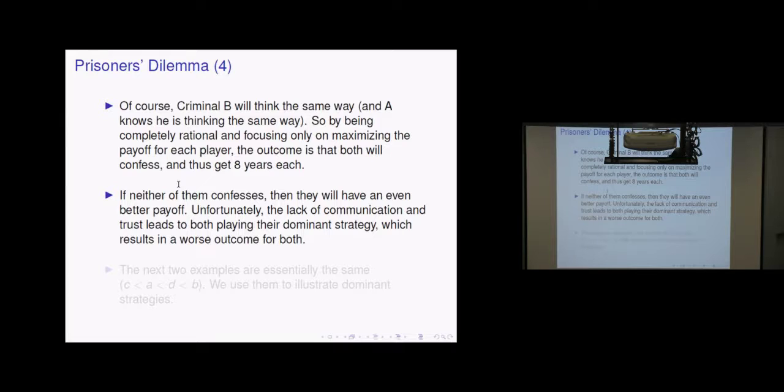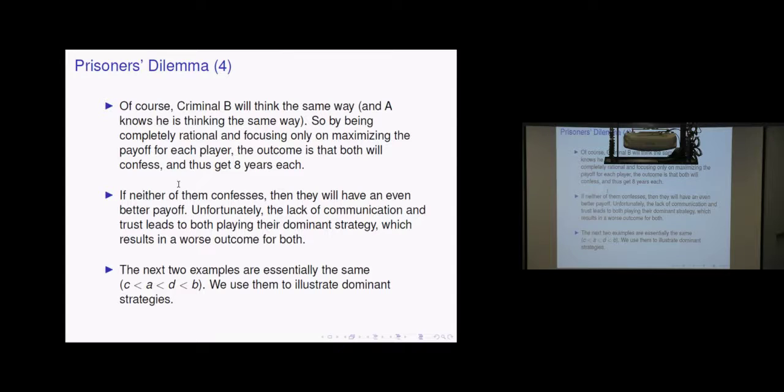So because of the lack of communication, any rational person will choose to confess. Is this okay? So we see another example. In that example, there's only one Nash equilibrium. There's a dominant strategy, and the Nash equilibrium is not optimal, right? So that's the prisoner's dilemma.